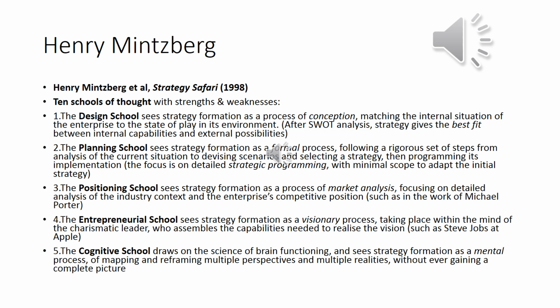As you can see in the slide, there is the planning school, the positioning, entrepreneurial and cognitive, and there are another 5 types of schools that he mentioned, which if you would like to read more about them, you will have obviously to read the text Strategy Safari of Henry Mintzberg.